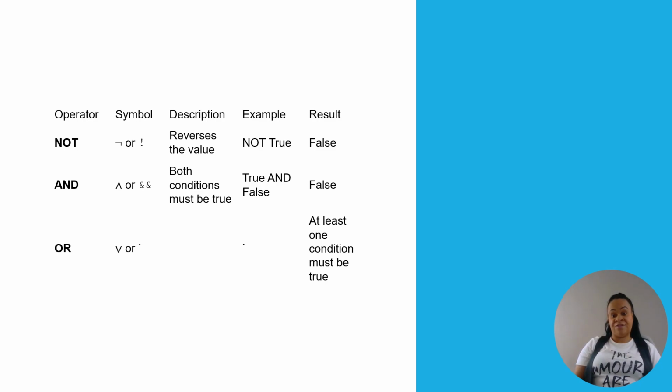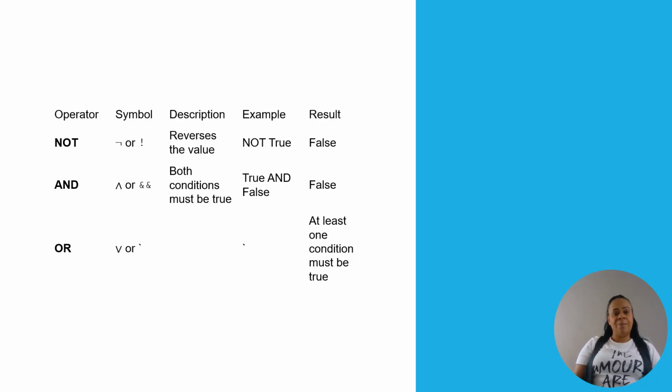Because both of those answers are not going to be Chinese. I've told two people two different things. So we've got one true and one false in there. So the result would be false because both are not true.